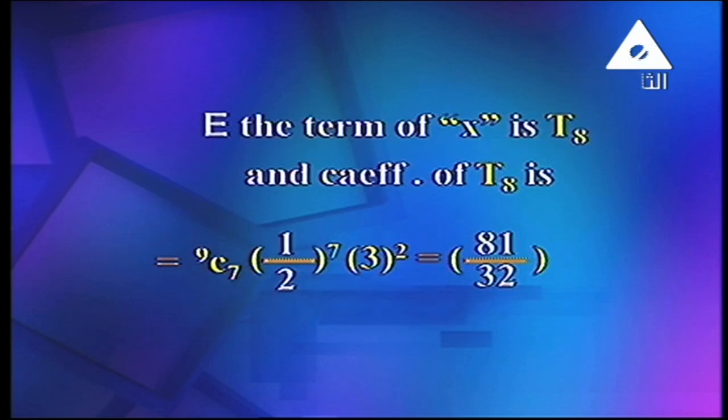The term free is T8. The coefficient of T8, using r equals 7, equals 9C7, 1 over 2 to the power 7, 3 to the power 2. The answer is 81 over 32.